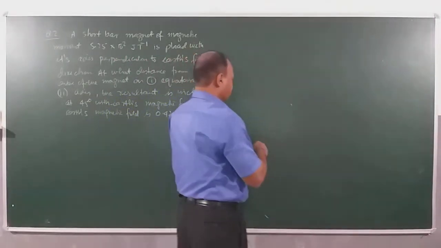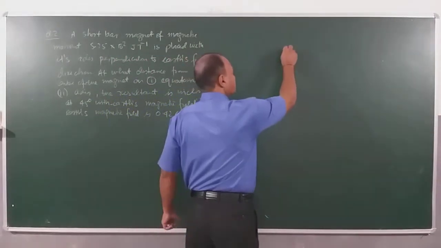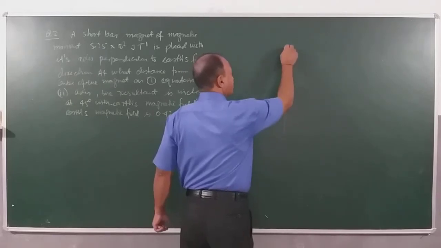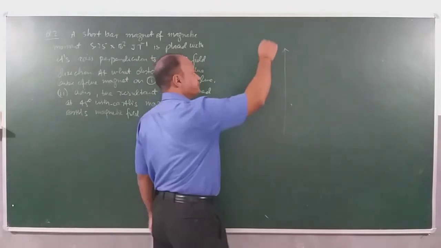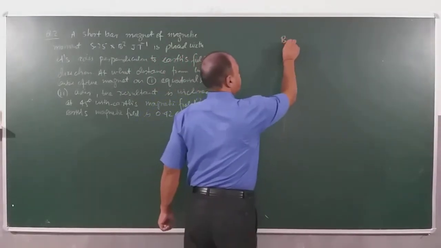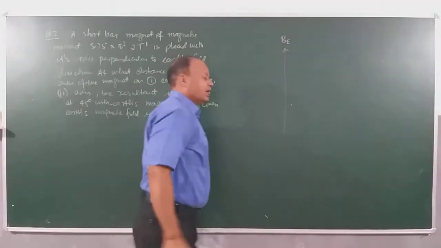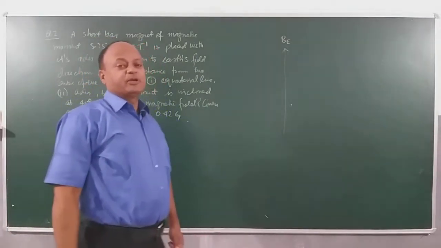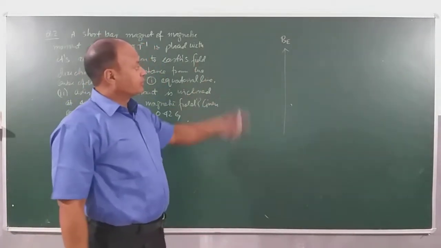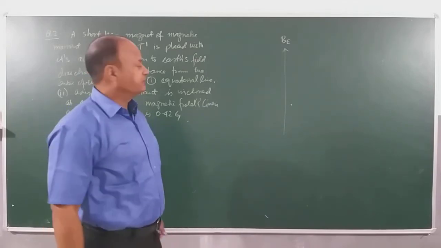We can assume something like this. This is direction of Earth's magnetic field BE. Right? And then we have this bar magnet whose axis is perpendicular to this axis. Clear?